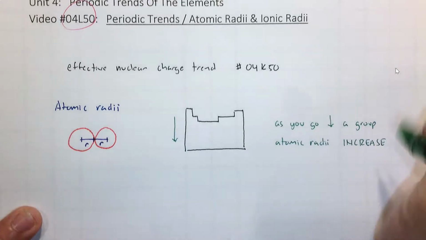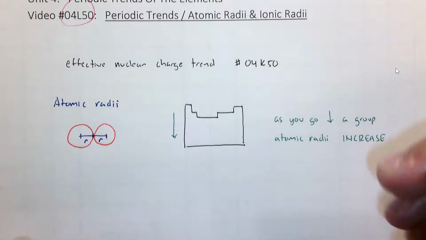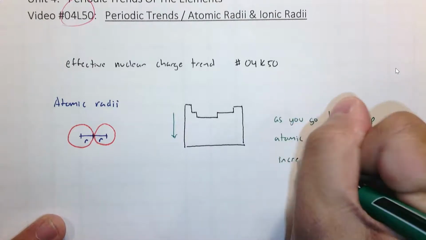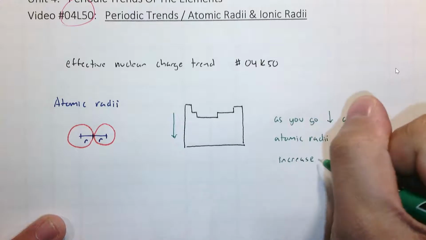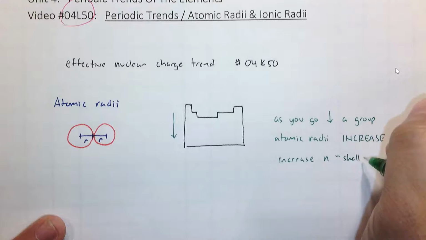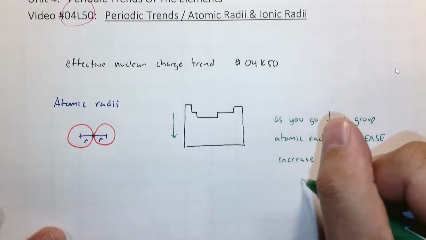Your atom is getting bigger, but you want to think of it as your n value is getting larger, or your shell value. Increase n, or you could call this the shell. You think of an atom, and you have energy levels.